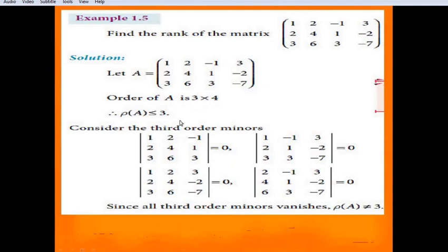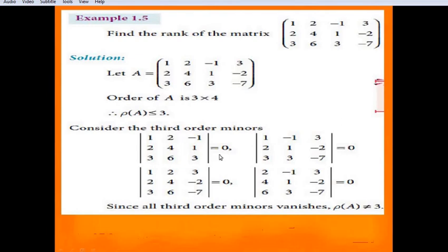So we cannot find the determinant of a 3 by 4 matrix. So here we eliminate one column and get the 3 by 3 minors. Eliminating column 4, we get this 3 by 3 minor.